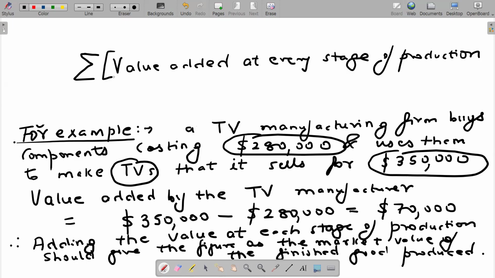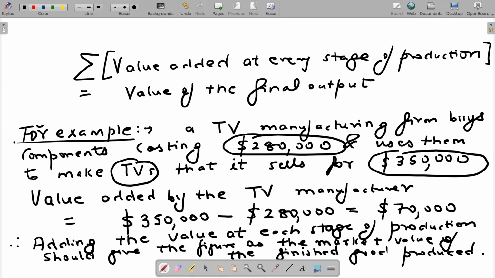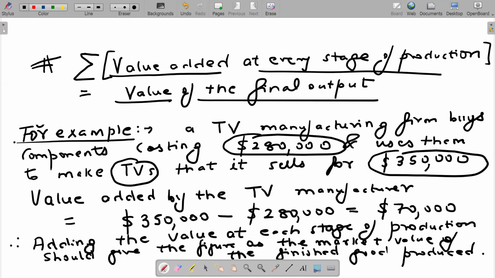If you sum up the value added at every stage of production, you get the value of the final output. So when you are measuring GDP using the product approach, either take into account the value of the final output sold to the customer, or just sum up the value added at every stage of production, because both are equal.